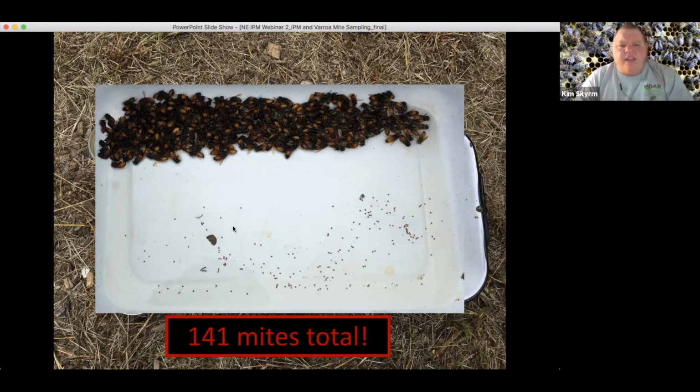The other thing is that, again, I want to stress this, the bees are expired, they're dead. So if you want to take this sample and send it off to a lab, or if you're not sure if there's 141 mites in here, then you can send this sample off, for instance, to the USDA Beltsville Bee Lab in Beltsville, Maryland, and they will, maybe not during an epidemic of COVID-19, but under usual circumstances, analyze the samples for you and give you some information about what level of mites you had in your sample.